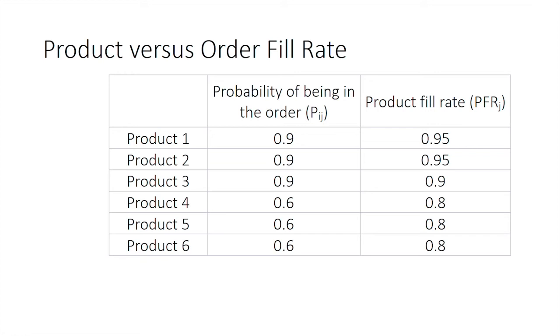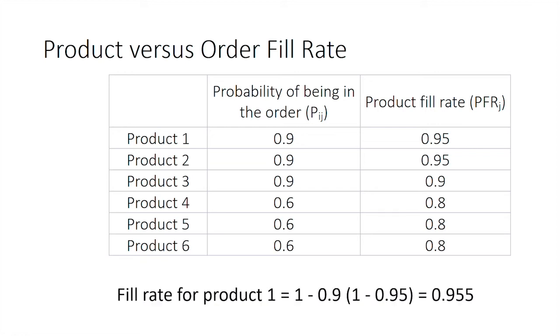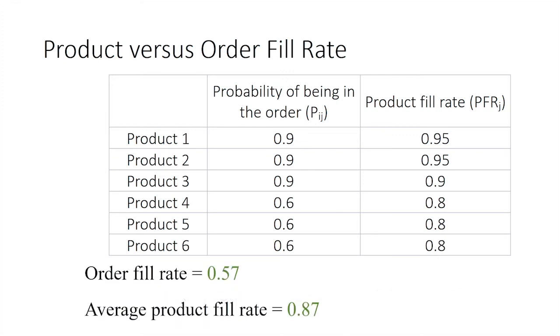If you want to come up with the order fill rate, you have to calculate the fill rate again and again, 6 times, once for each product, using the equation that we have just talked about. And then multiply these 6 results to get the order fill rate. For example, the fill rate for only product 1 could be calculated with this formula, and it is equal to 0.955.